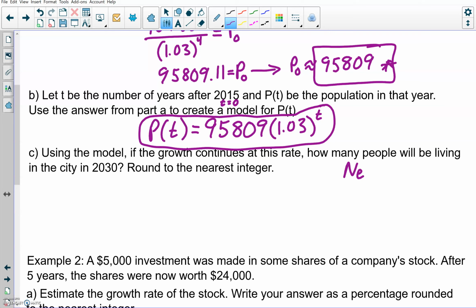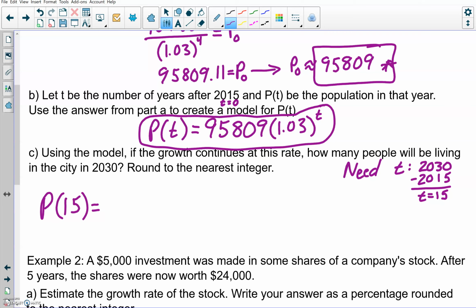So you need to find t. Anytime they're working with time from a certain year, and then they want the population in a certain year, you have to make an adjustment from the years to the time. So we need t, and you just take 2030 and subtract away the starting year, 2015. When you do that, you get 15, and this is the t value you're going to use in that population formula. 2030 is 15 years from the starting amount.